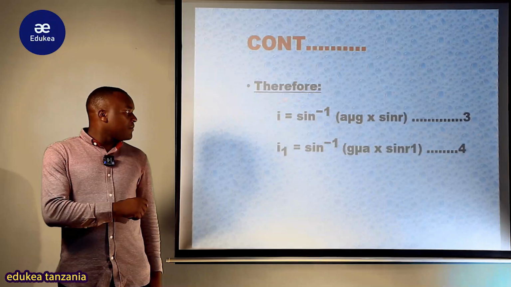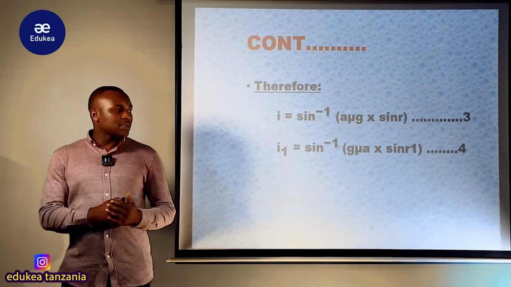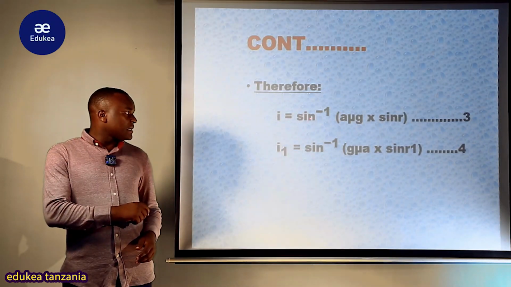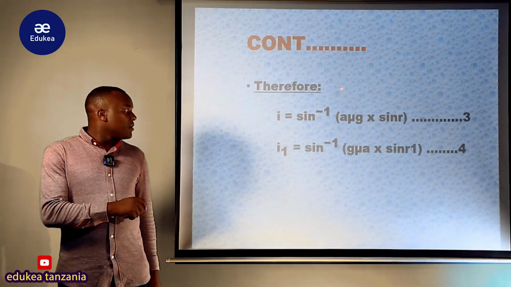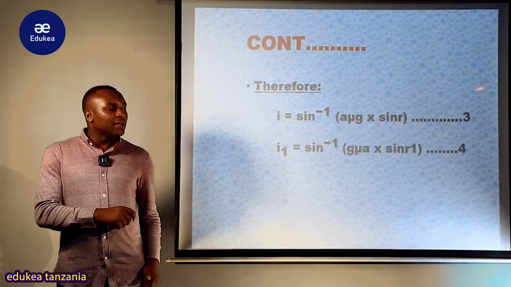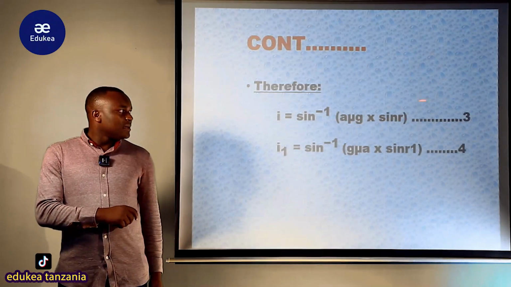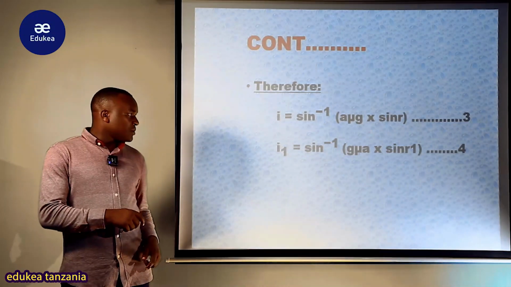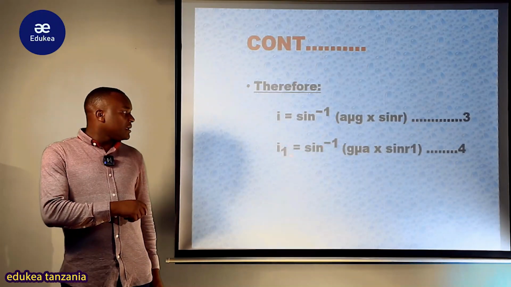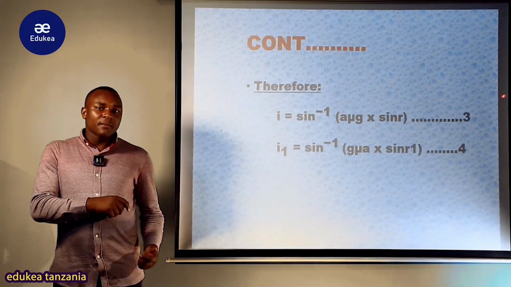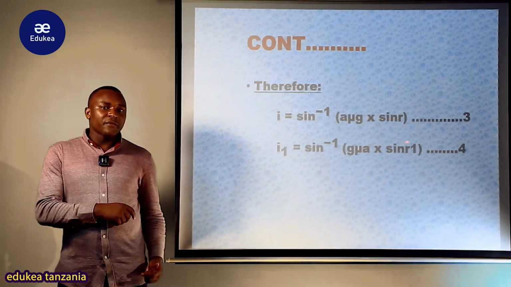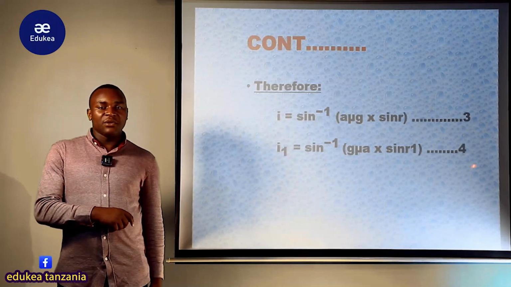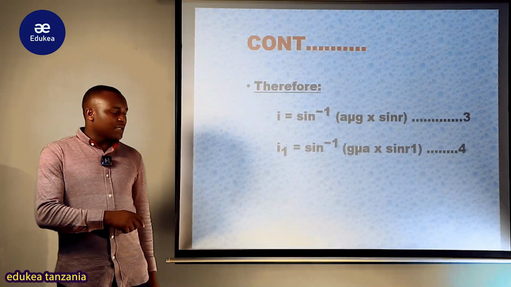Now we say therefore ukimake angle of incidence the subject na angle of incidence 1 utapata kama hivi, utapata sin inverse wa bracket refractive index from air to glass times sine of angle of refraction, equation ya tatu. Pia itakuwa ni sin inverse wa mabano refractive index from glass to air times sine wa angle wa refraction 1. So this will be equation number 4.